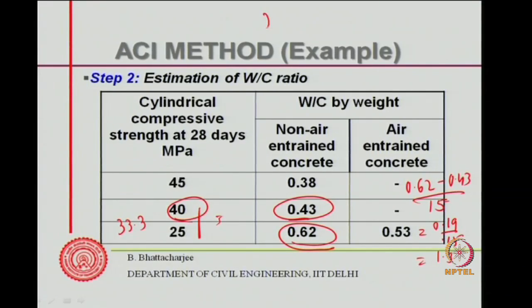So 34 minus 25, which would mean 9 MPa, for 9 MPa the water cement ratio has to be reduced.